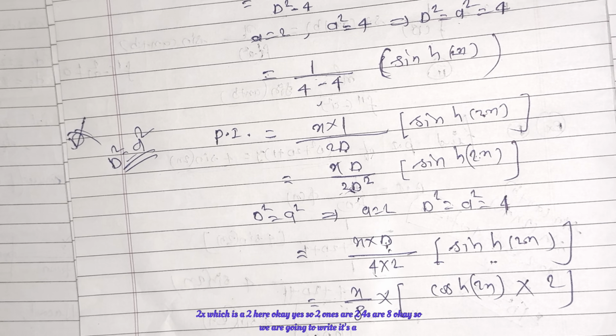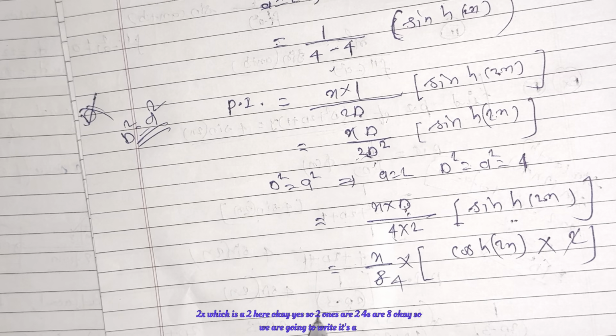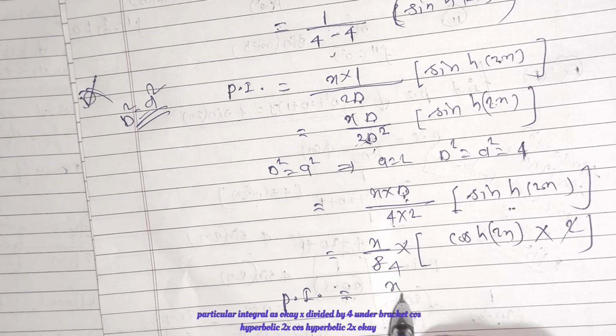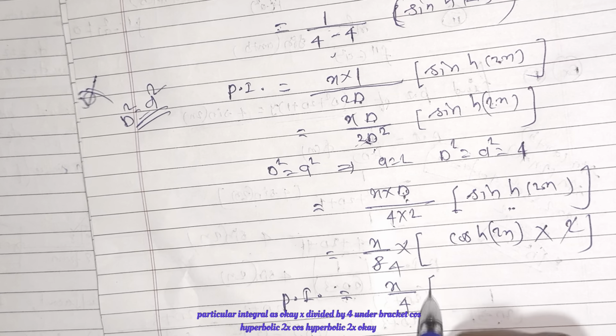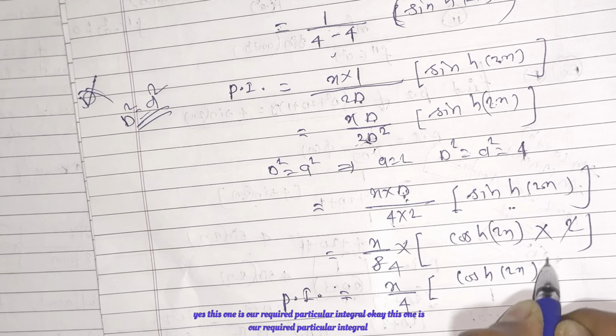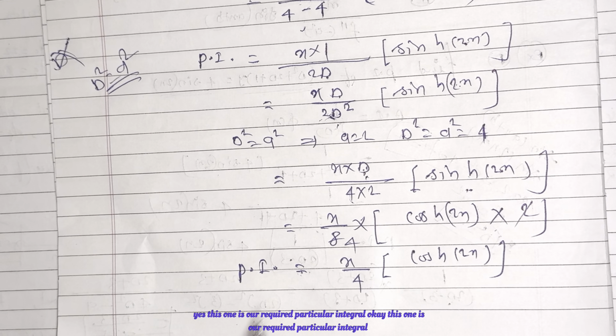So 2 ones are 2, 2 fours are 8. So we write the particular integral as x divided by 4 under bracket cos hyperbolic 2x. This one is our required particular integral.